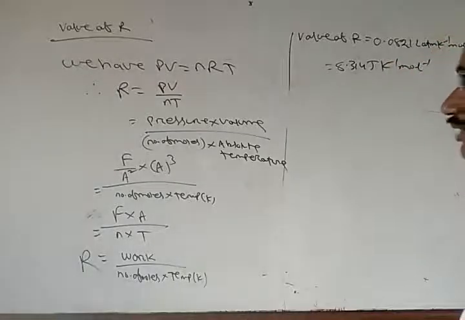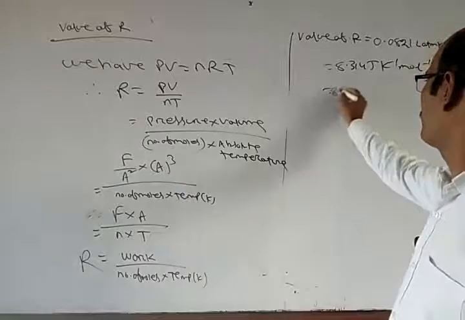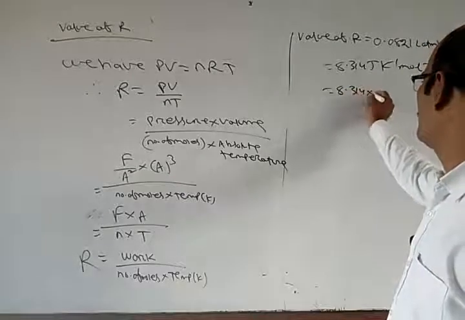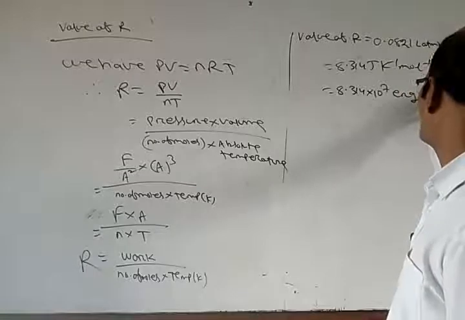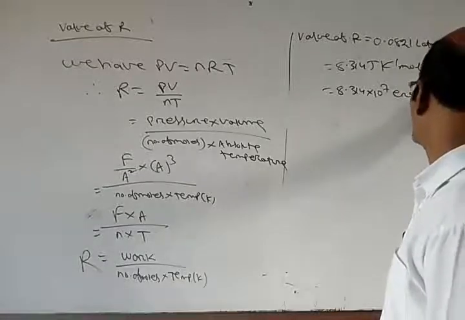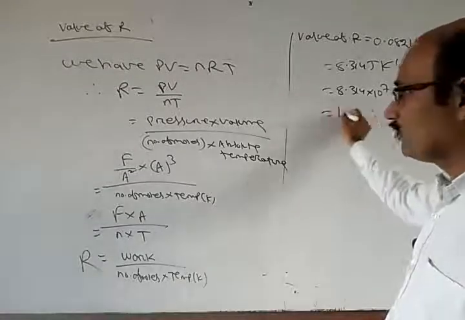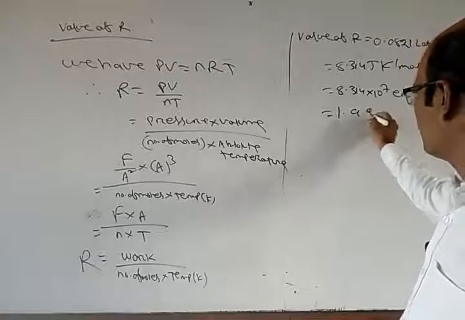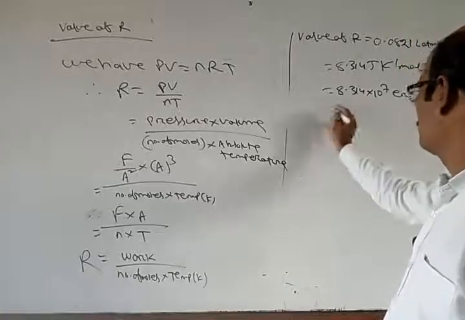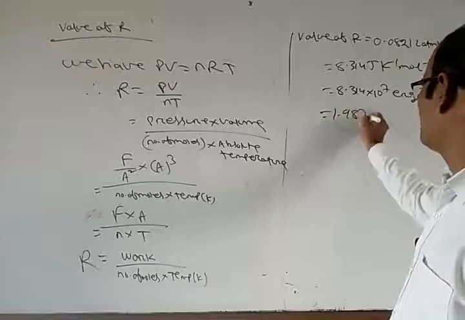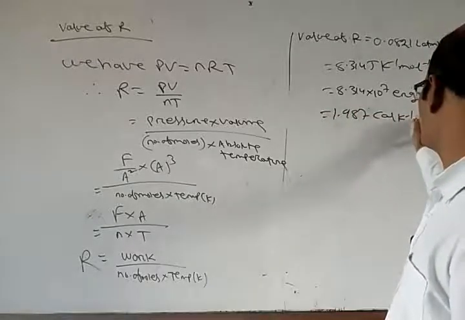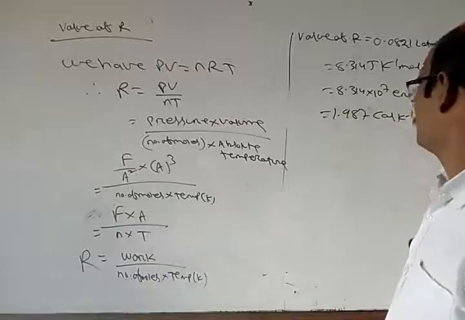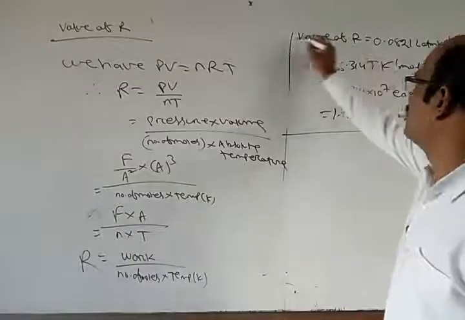Or you can take 8.314 into 10 power 7 erg per Kelvin per mole, or 1.987 calorie per Kelvin per mole. So these are the values of R.